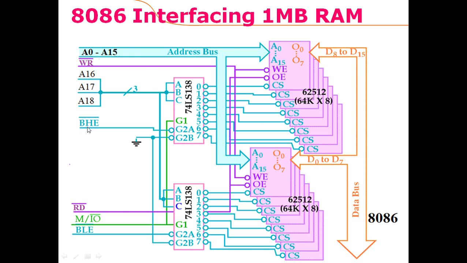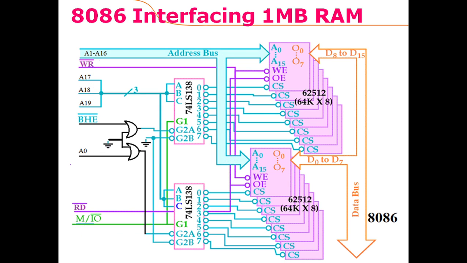And the bank high enable may also be used to enable the upper bank if desired, and if this is 1, then the upper bank is not selected and instead the lower bank is selected. There can be a different organization of this 8086 interfacing scheme, because there is no bank low enable pin in the microprocessor. So this may be connected in this setup where A0 is also connected, through the 2 OR gates.